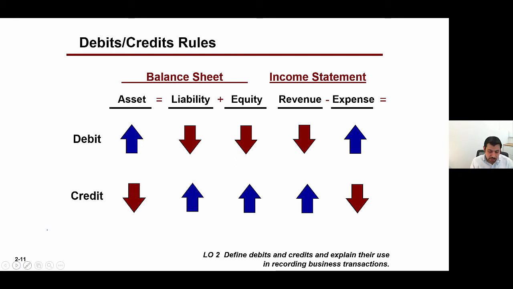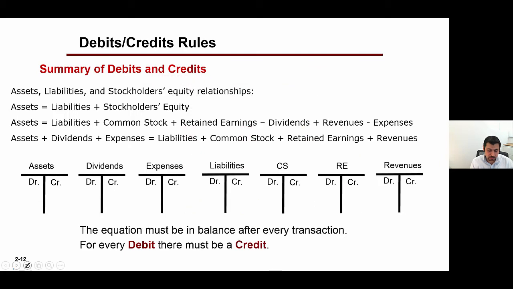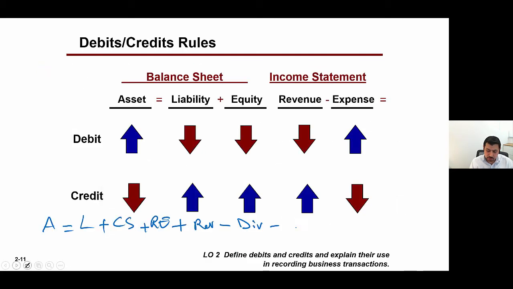Again, let's now look at the expanded accounting equation. We had assets equal to liabilities plus common stock plus retained earnings plus revenues minus dividends minus expenses. Now let's put all these items in positive.